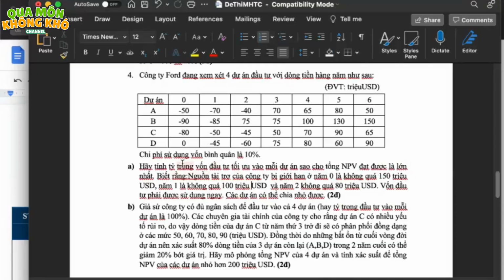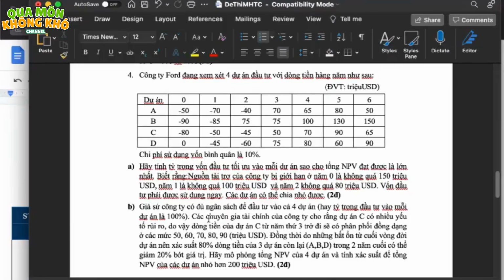And the WACC of the company is 10%. Just calculate the NPV of every project here. And I want group 4 to handle question B in this situation.